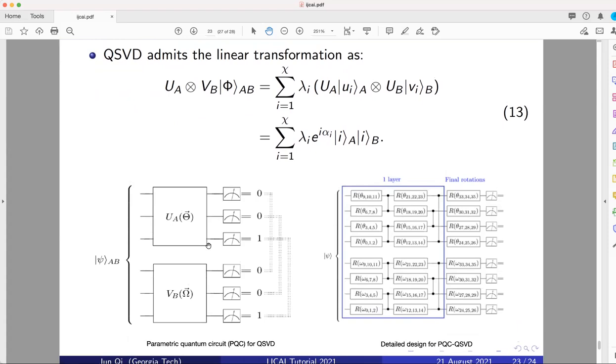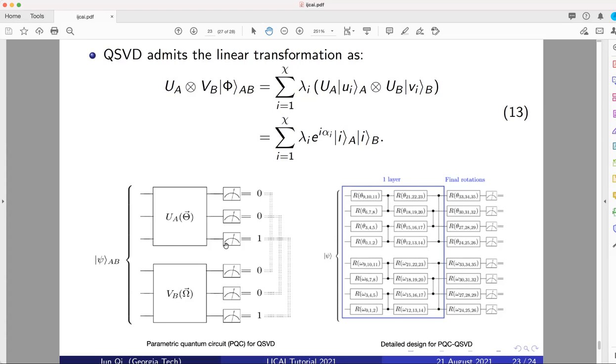In other words, we can set up a parametric quantum circuit to divide all the qubits into two observation subsystems. For each subsystem, we can use two different variational quantum circuits to transform the inputs into the outputs.